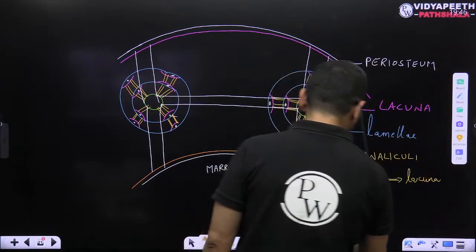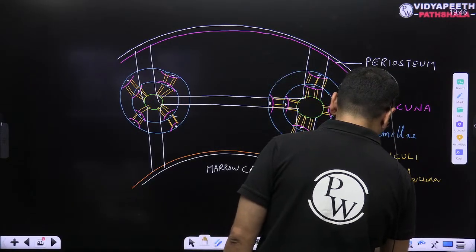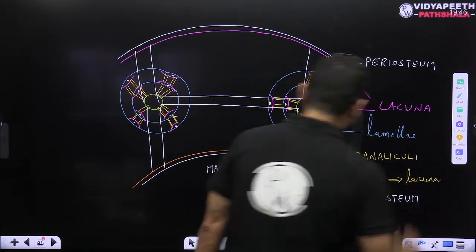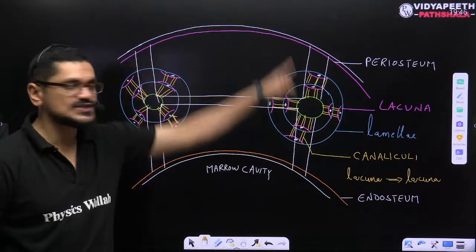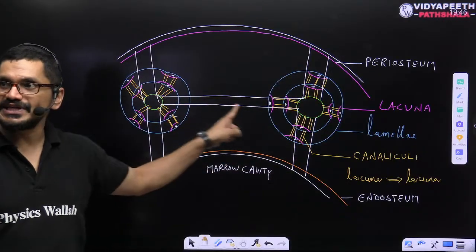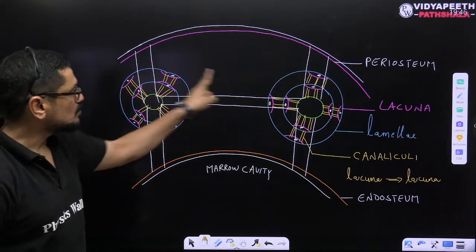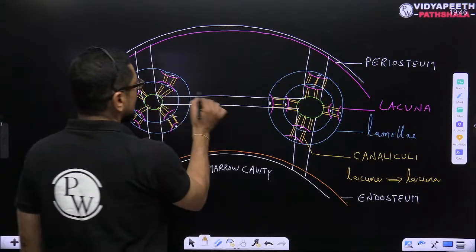I told you this layer is periosteum, and this layer is endosteum. And now see the white color lines, the connections between one Haversian canal and another Haversian canal.